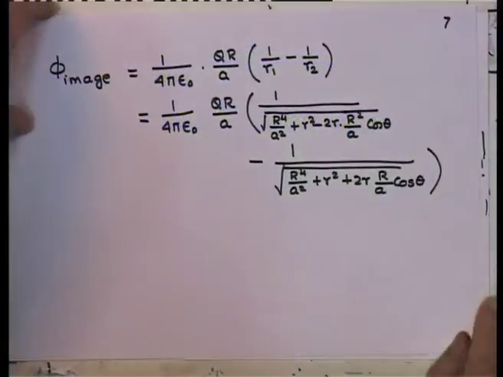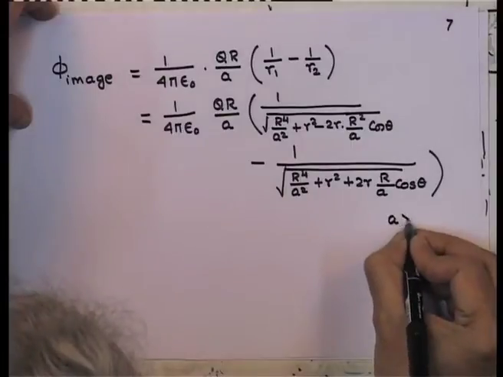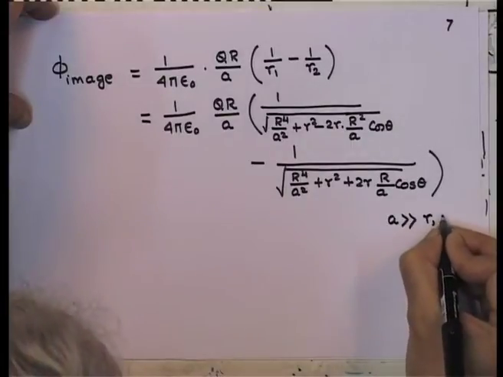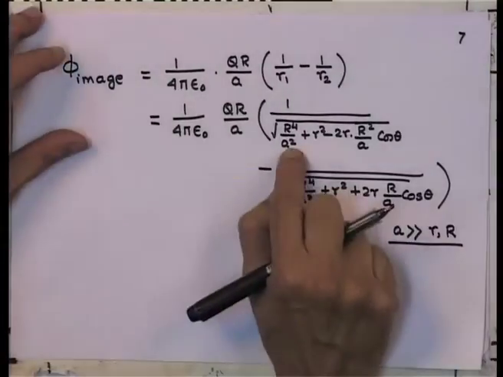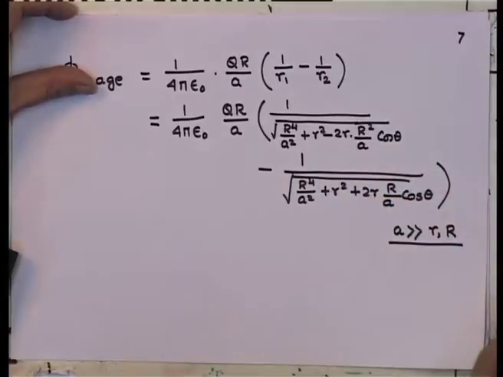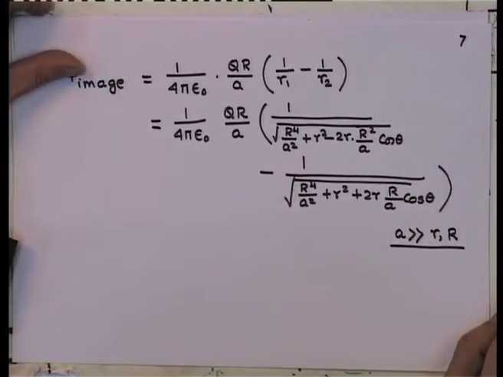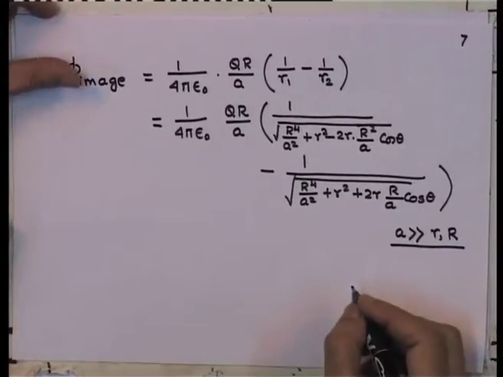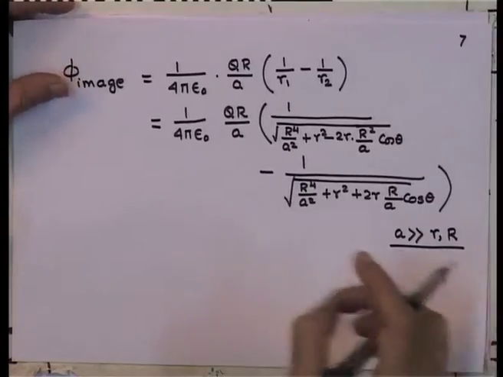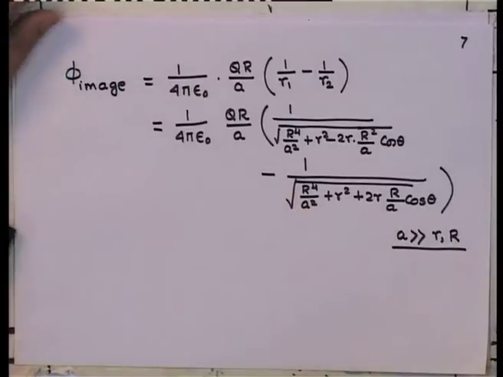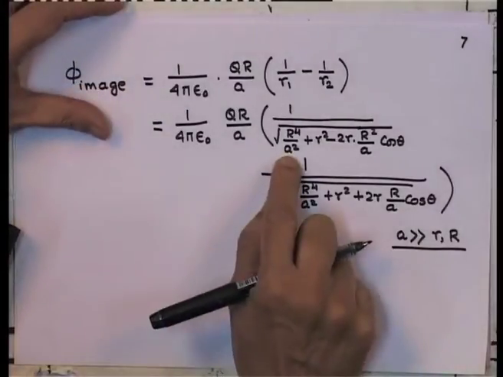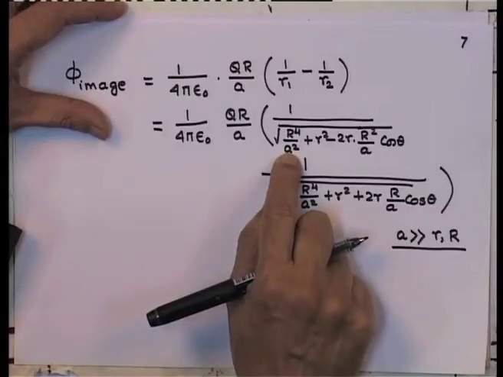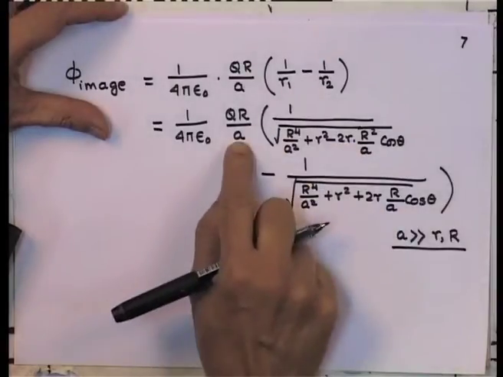I have said already that my a is much greater than anything else in the problem, r, capital R, etc. So, for these quantities that I have got there, we do a binomial expansion. Let us see how we can work it out. I can simply notice that if you pull out this a square from there, this will go to the numerator and will cancel with this.